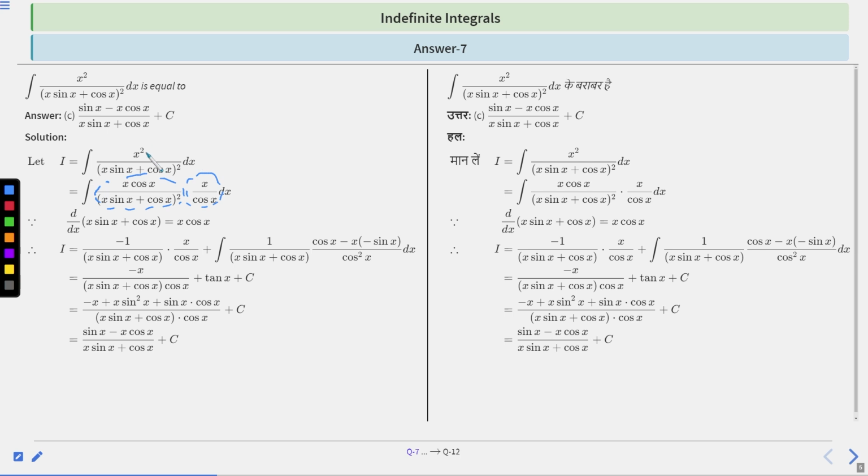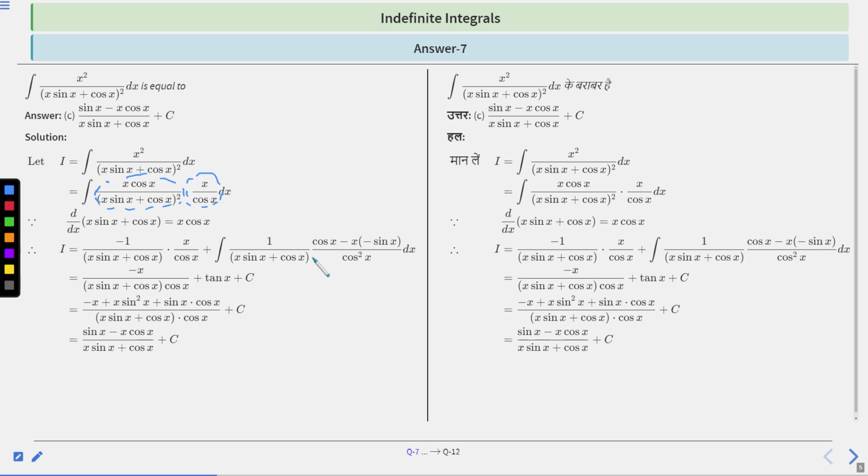Therefore, I will be equal to minus 1 upon (x sin x plus cos x) into x upon cos x, plus integration of 1 upon (x sin x plus cos x) into the derivative of x upon cos x, which is (cos x minus x into minus sin x) upon cos square x dx. Why 1 upon x sin x plus cos x? Because we know that the differentiation of x sin x plus cos x is x cos x.